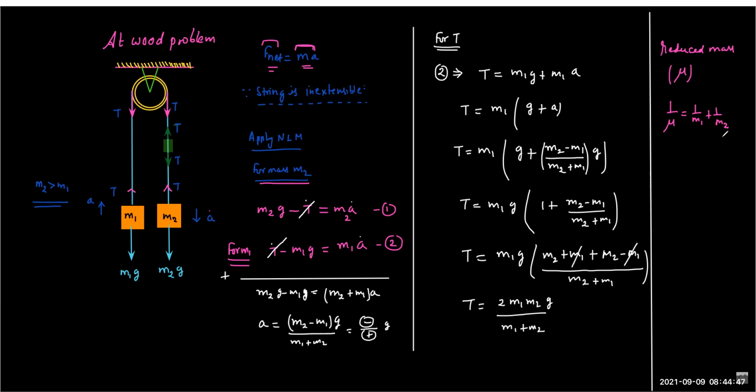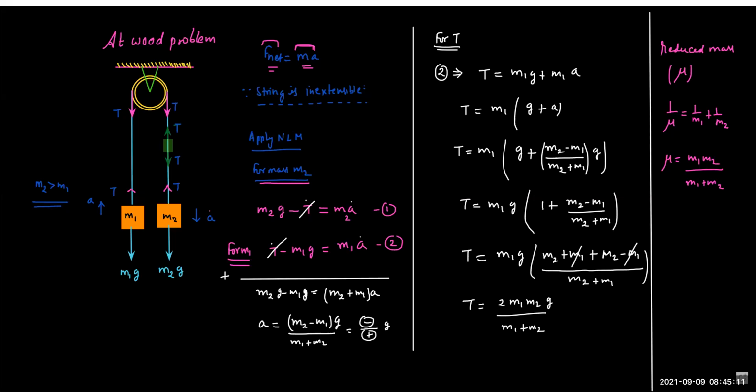Because we have a system of just two masses, we will just add 1 by m1 plus 1 by m2. If we have a system of 3 or 4 masses, we have to continue this inverse addition. And if you simplify, mu is the product of masses upon their summation.